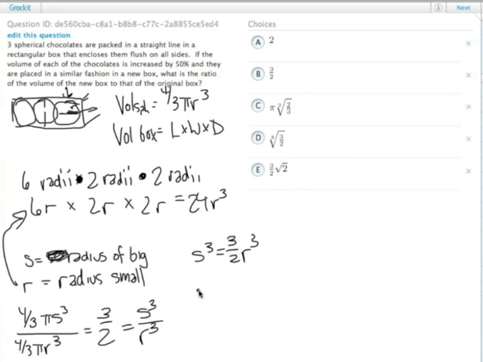So the cube root of s cubed is s. The cube root of r cubed is r. But then we're stuck with, unfortunately, just the cube root of 3/2.